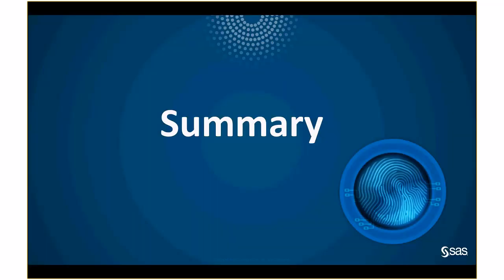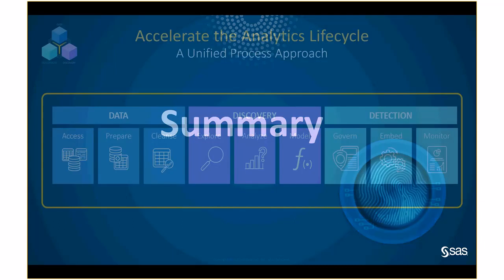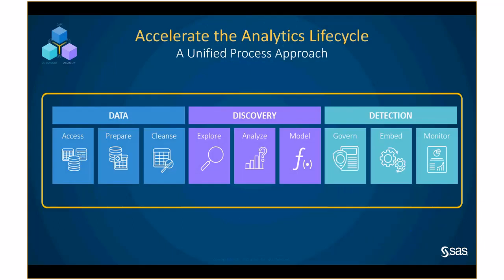Okay, so that brings us towards the end of this presentation. We've given an overview of cybersecurity data science as a process that unites data engineering, a process of discovery, and detection.